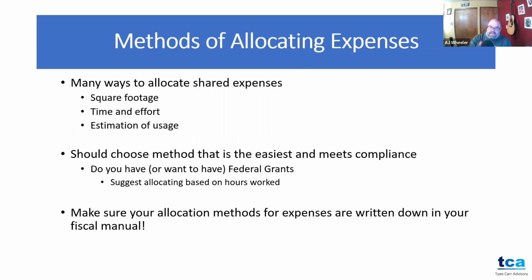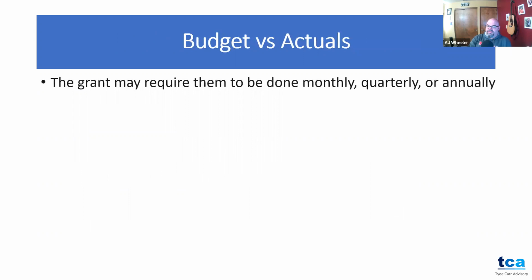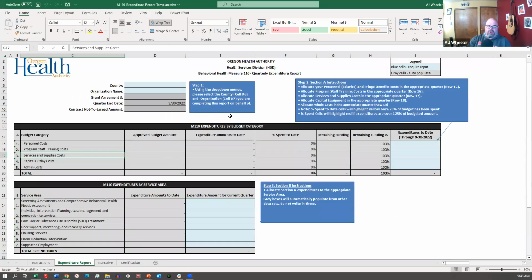So having budget to actual reports on a regular basis. A lot of grants, especially reimbursement ones, ask that they be done monthly when you send in a reimbursement invoice. But often you'll be asked as part of the financial reporting package, much like the reporting package that is being asked to be given back to OHA over 110.